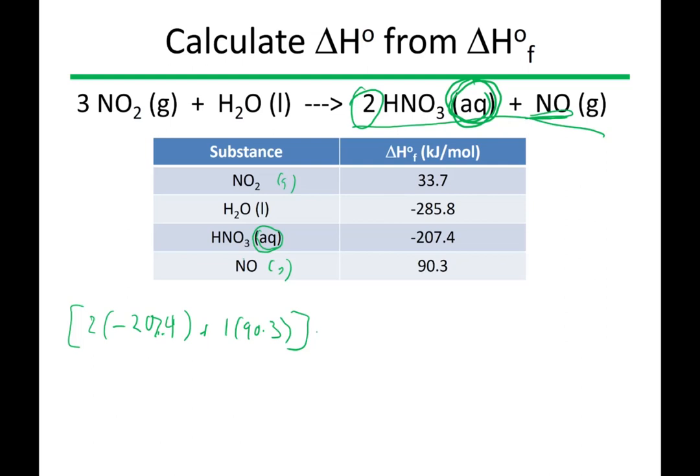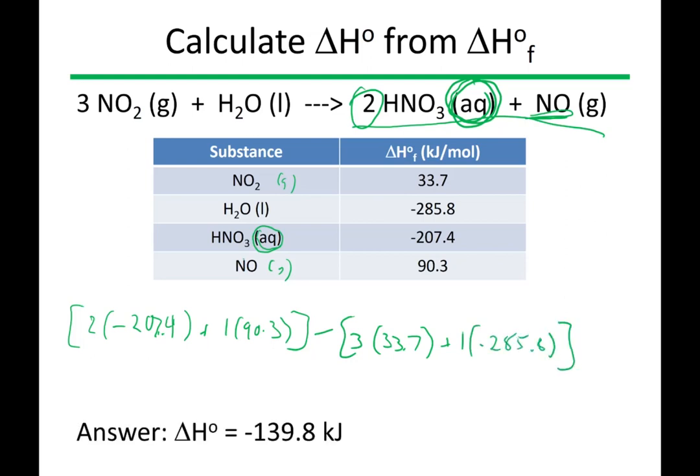And then we have to subtract the reactants. So we have 3 of the NO2, that's 33.7. And we have 1 of the water, so 1 times negative 285.8.